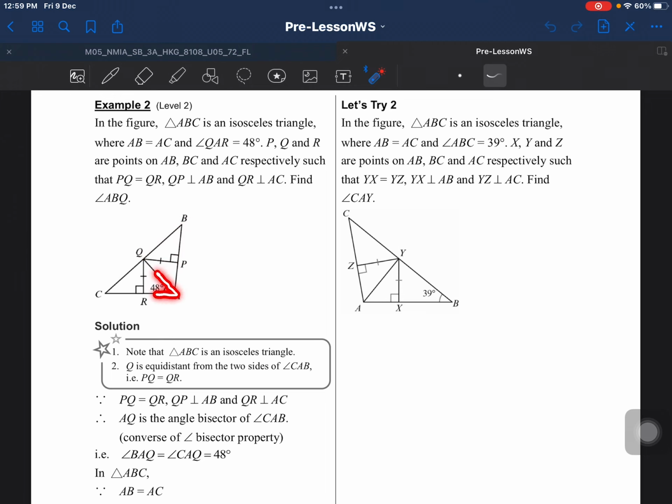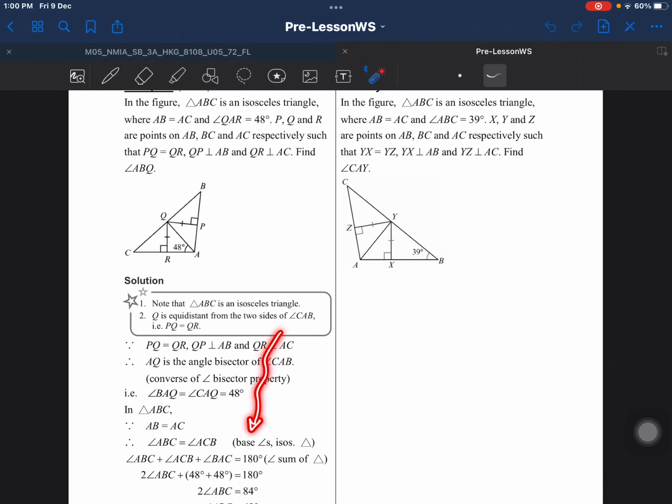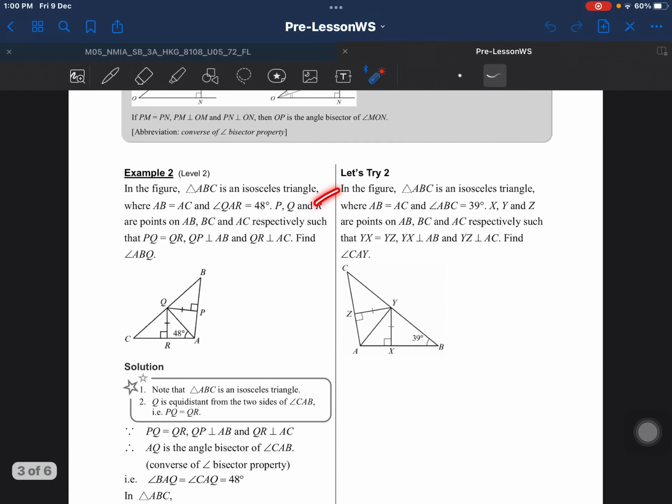So if it is 48 degrees, because AQ is the angle bisector, we can easily know that it is also 48 degrees. And then this is an isosceles triangle, that means the two base angles are the same. All right, so making use of the angle sum of a triangle, you can easily find the angle ABQ. Maybe you can look at the solution here. Afterwards, you can try number 2.